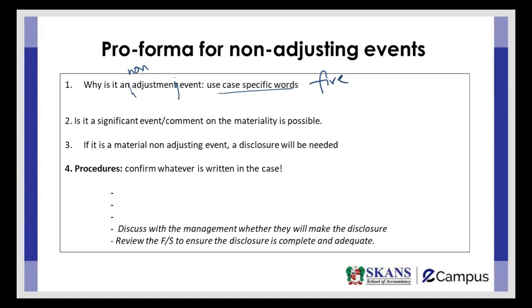Very well done. The next thing you have to do is identify or comment whether it is a material or significant event. For this, you need to comment on materiality. So this 1 mark you can determine. Assets worth 675,000 were damaged, right?